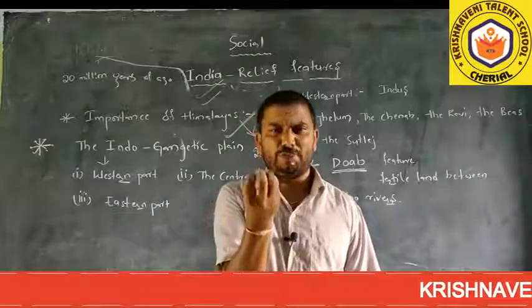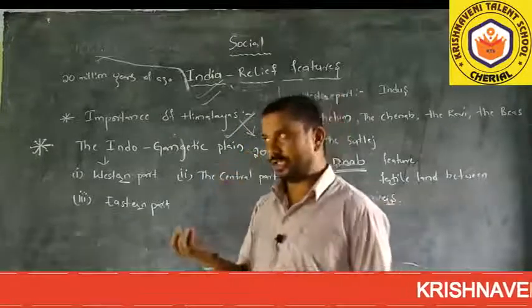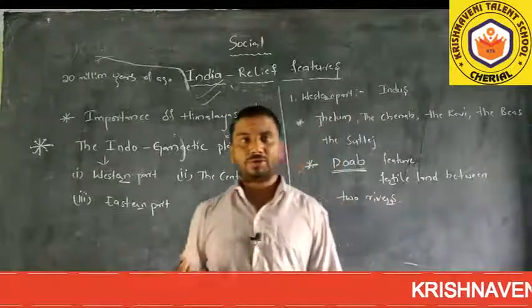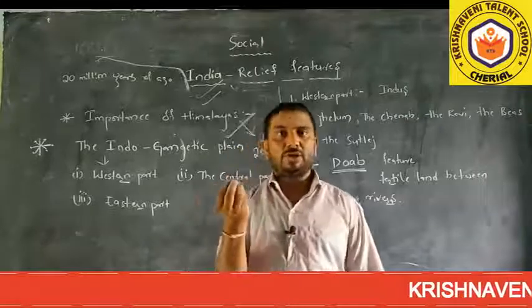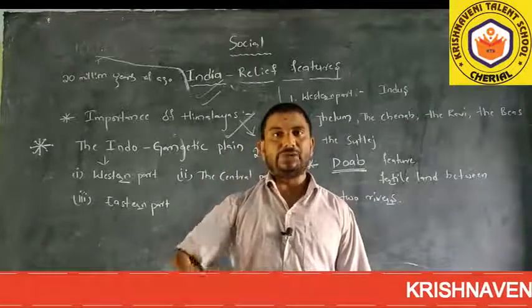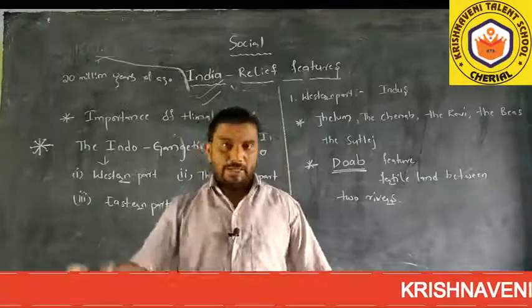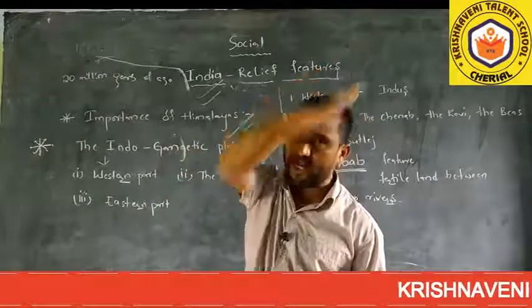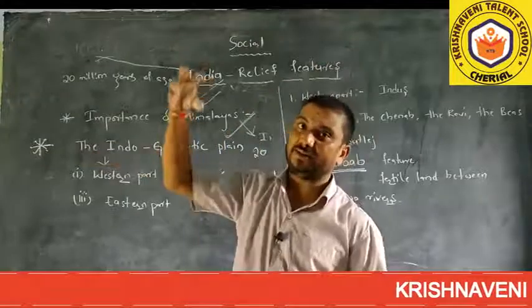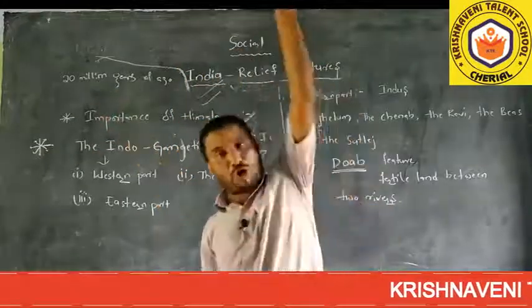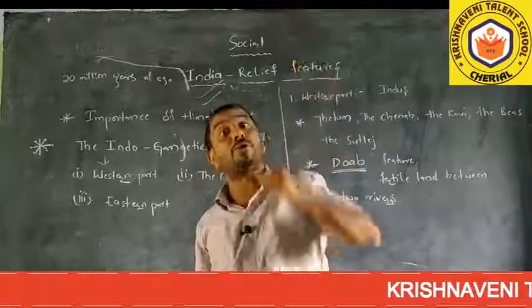There are good natural proteins in that soil, good fertility, useful for growing plants. This lowland, shallow land, was filled with sediment, with alluvium soil brought from the Himalayan mountains.